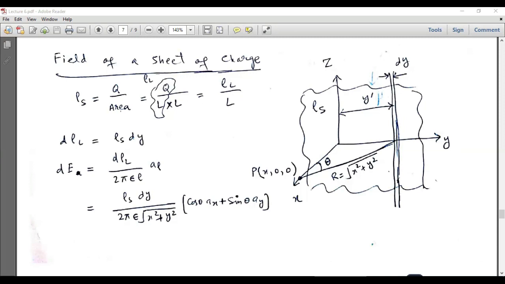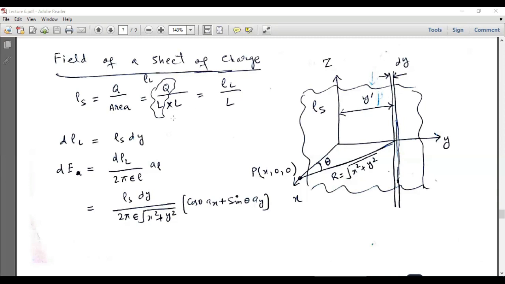So the area is equal to length into width, but in this case, since the surface is extended from minus infinity to plus infinity for both the axes, it will be written as length multiplied by length. So we know that charge per unit length is equal to line charge density. So Q over L can be replaced with rho L, and it will become rho L over L.